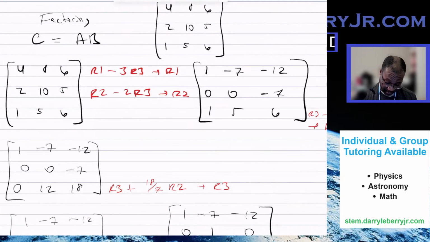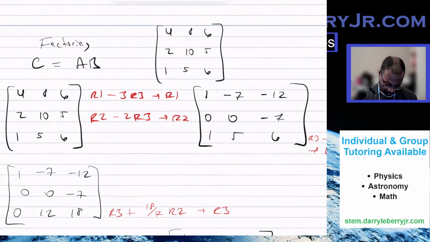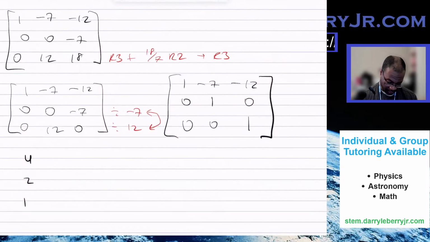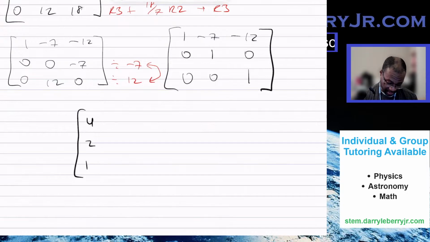So the first row is the pivot, and then I have, let me think. So I want to have something to multiply by that to get the original matrix. So that's going to give me the original matrix there.